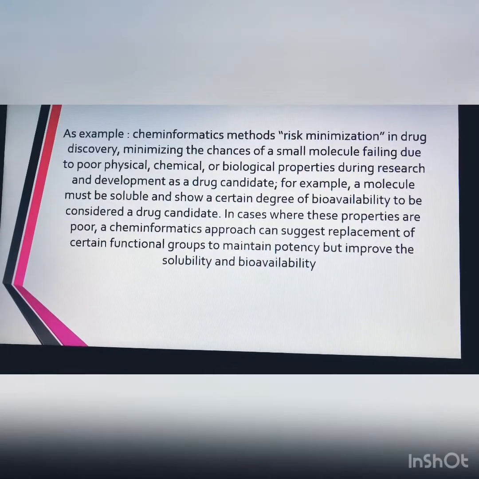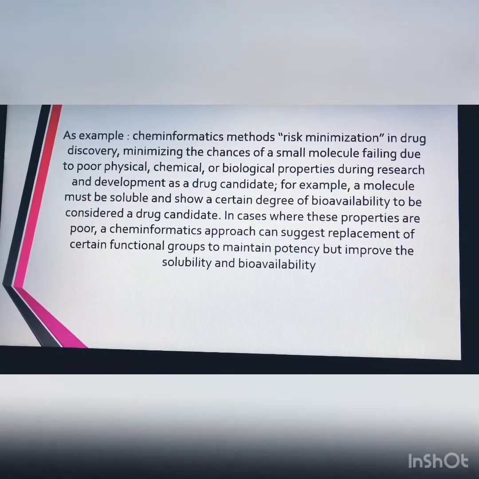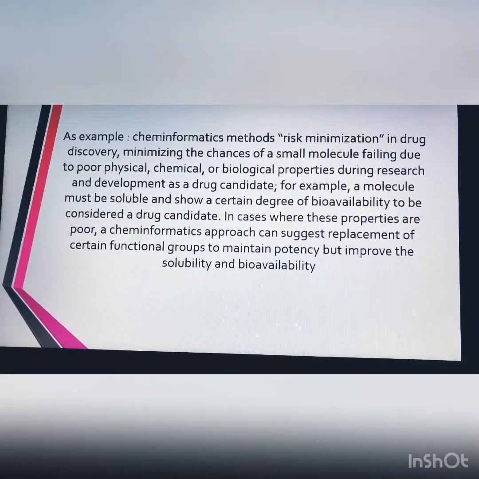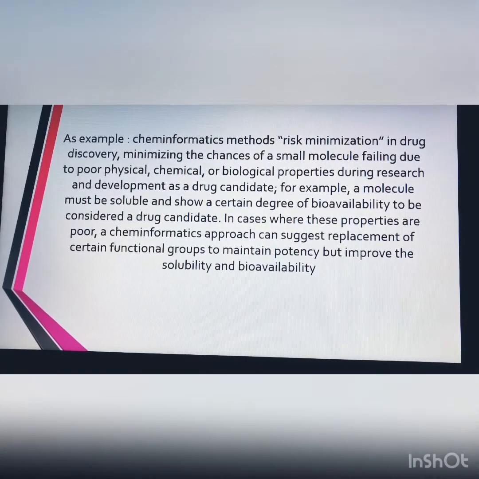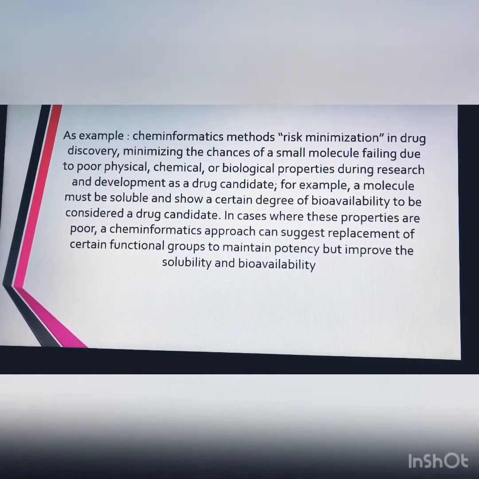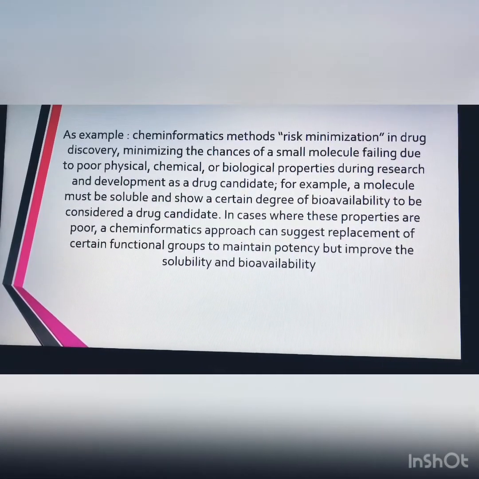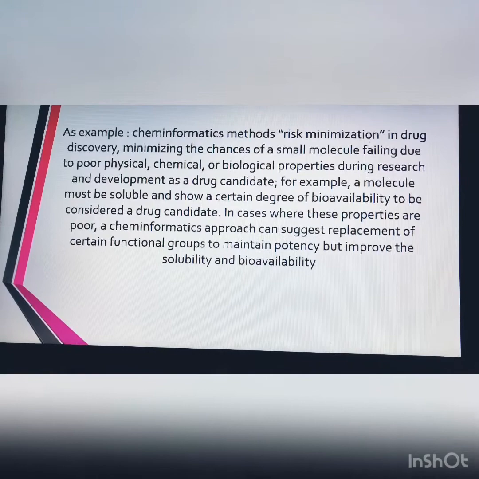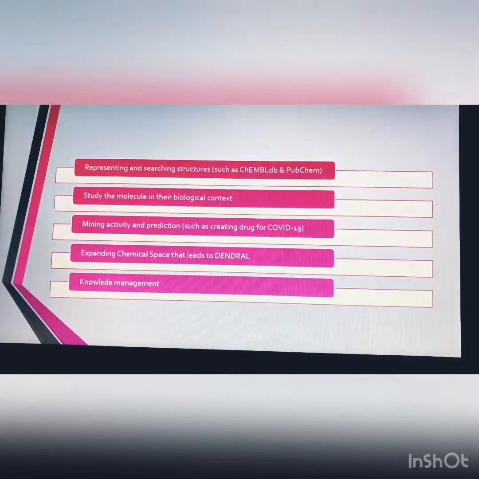For example, a molecule must be soluble and show a certain degree of bioavailability to be considered a drug candidate. In cases where these properties are poor, a Cheminformatics approach can suggest replacement of certain functional groups to maintain potency but improve the solubility and bioavailability.